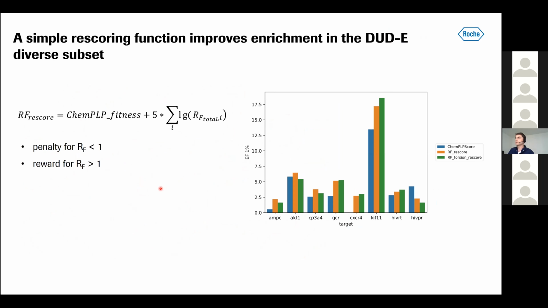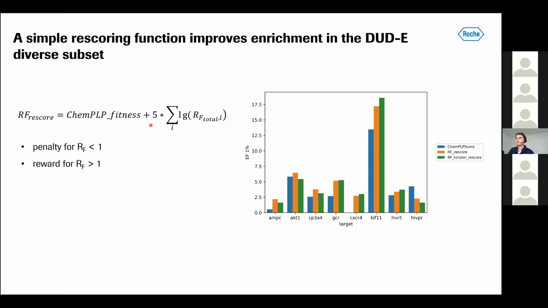Just another application we made, this is just a small example to rescore docking poses. We looked at the enrichment of the .e data set by simply adding an RF-based term to the ChemPLP fitness function.